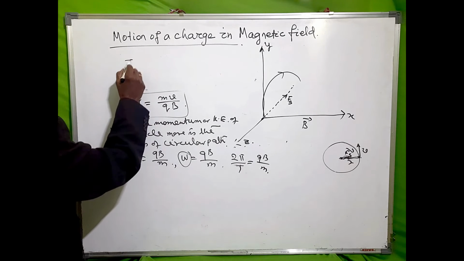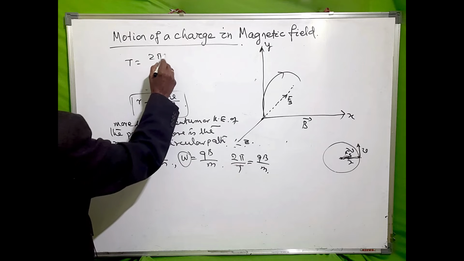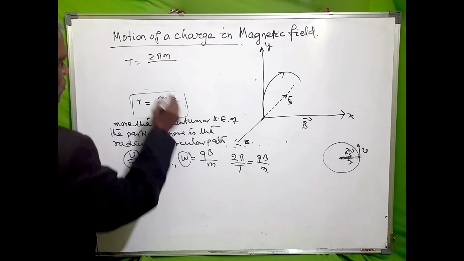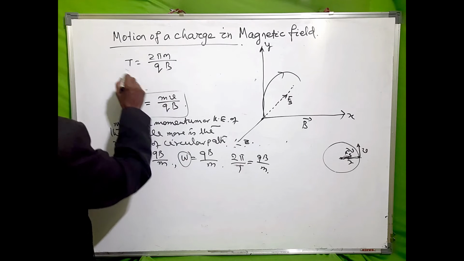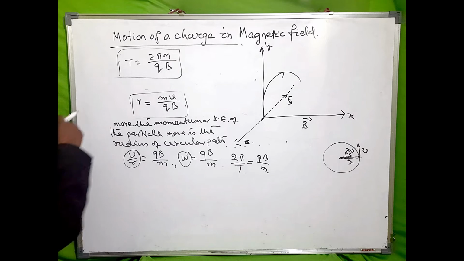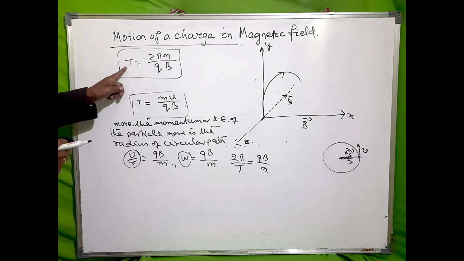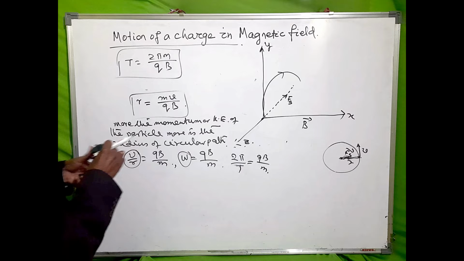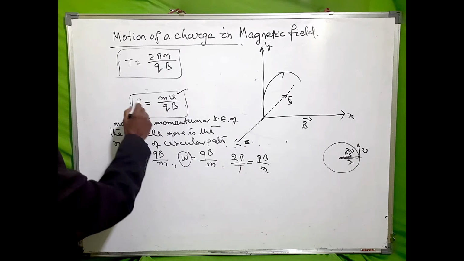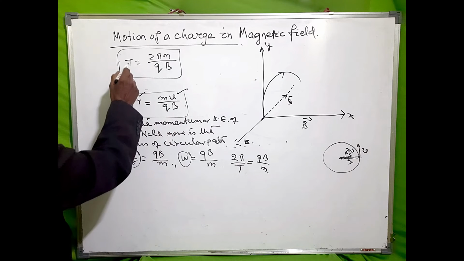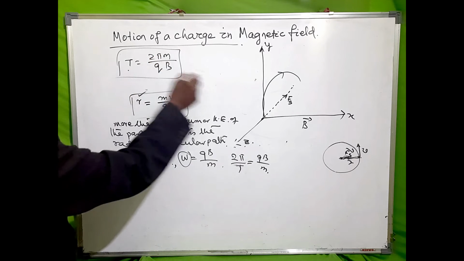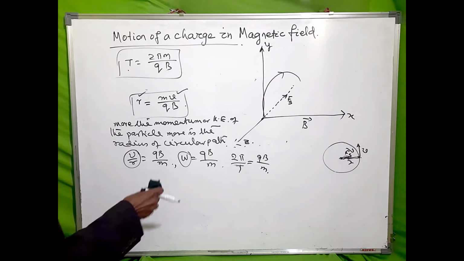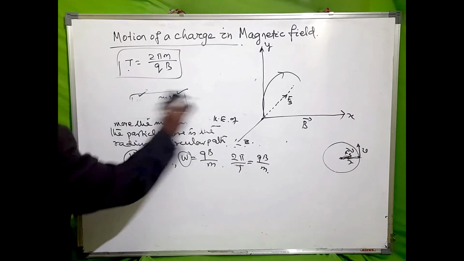So here T is equal to 2 pi m by q B. Another thing we find here, that the time period of revolution is independent of velocity. So if velocity is more, radius is more, but time period is independent of velocity of the moving charge.